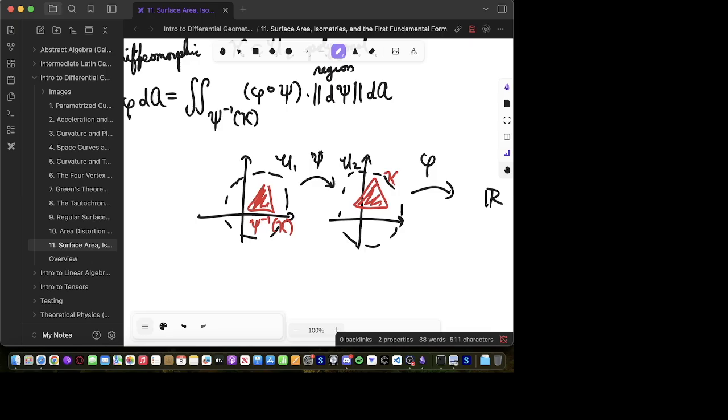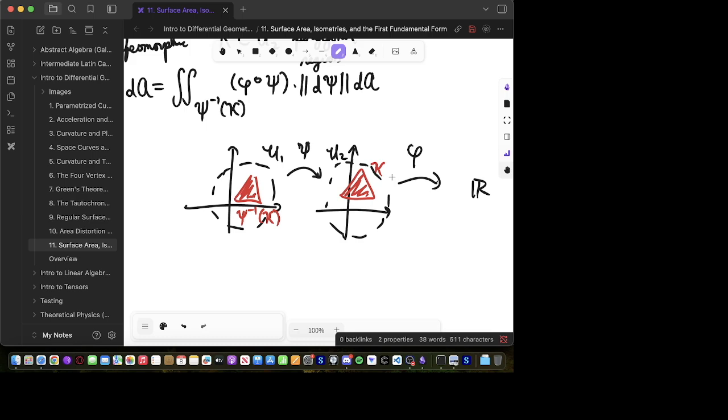If you do the integral of that, that's equivalent to the integral of this function, phi composed with psi, times the area distortion of the diffeomorphism. So there might be some area distortion, and we're looking at the pre-image of K. So we're summing up all over here.